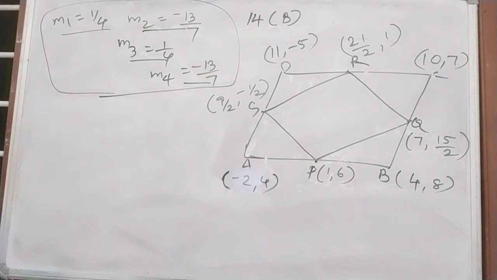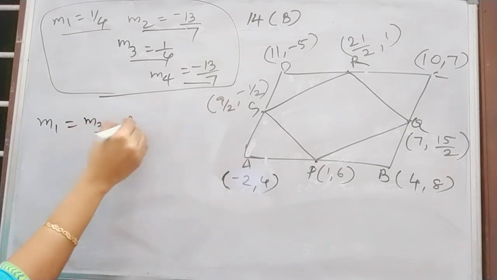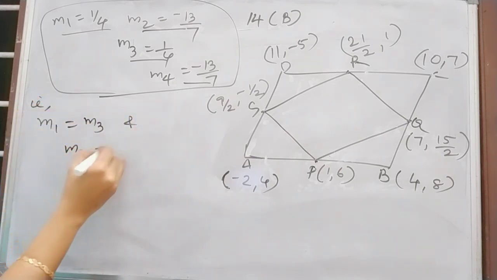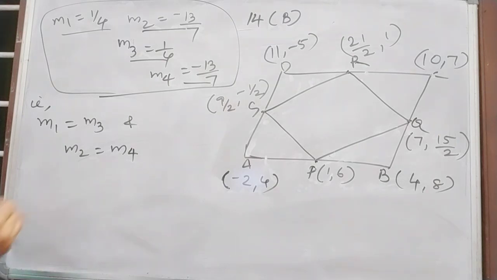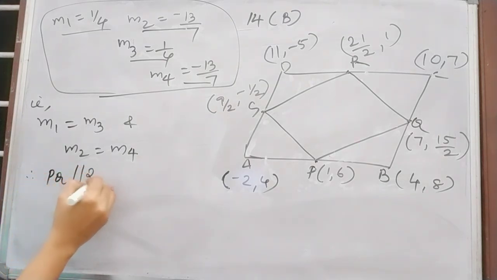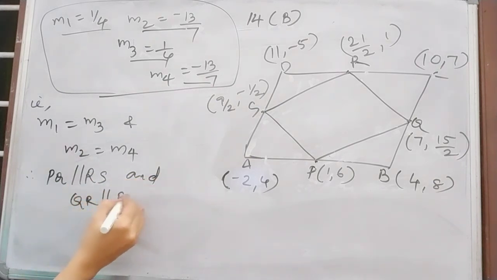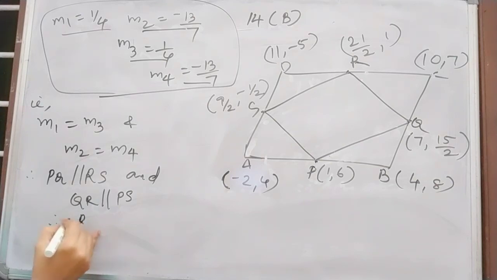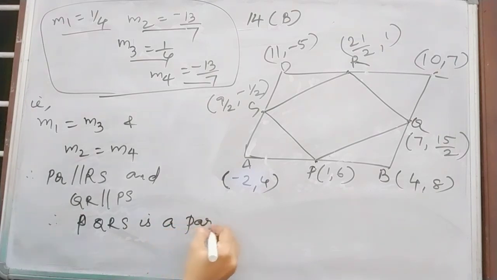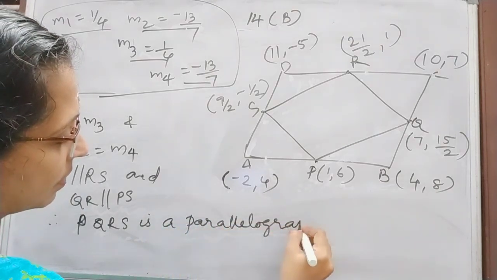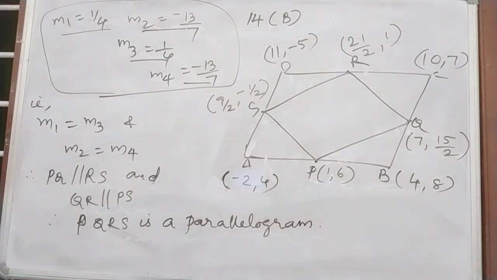So what can we say? m1 is equal to m3 and m2 is equal to m4. Therefore, PQ is parallel to RS and QR is parallel to PS. Therefore, PQRS is a parallelogram. Okay. Thank you.